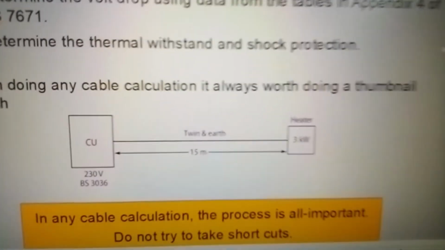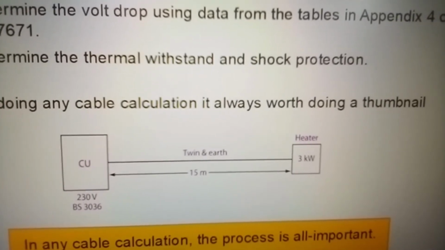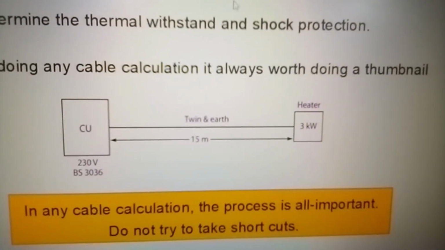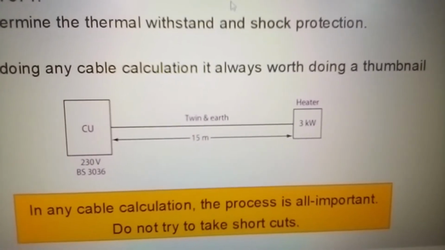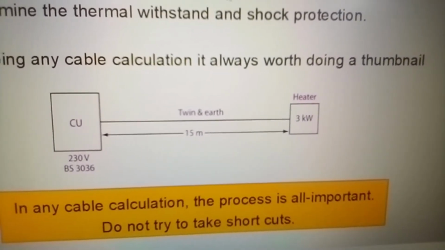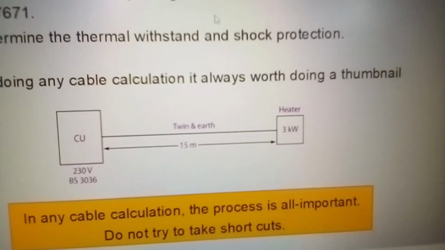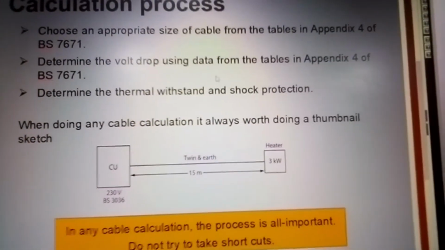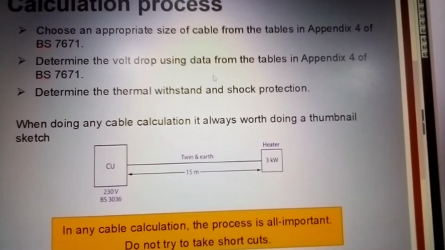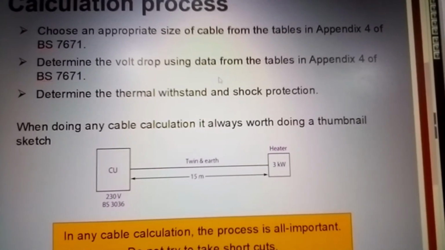Okay, let's go up, make sure there's nothing missing. Okay, in any cable calculations, the process is all important. Do not try to take a shortcut. Shortcuts are not in your best interest. Safety, safety, safety.